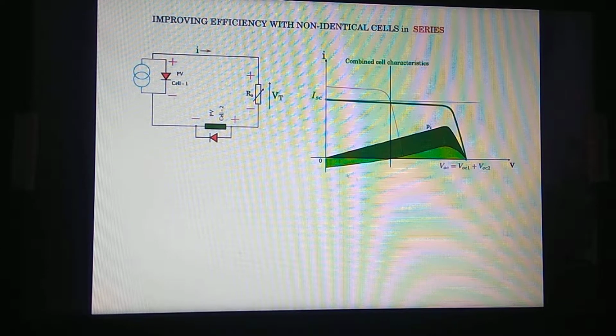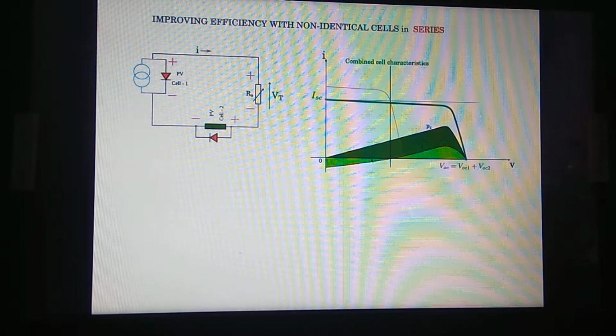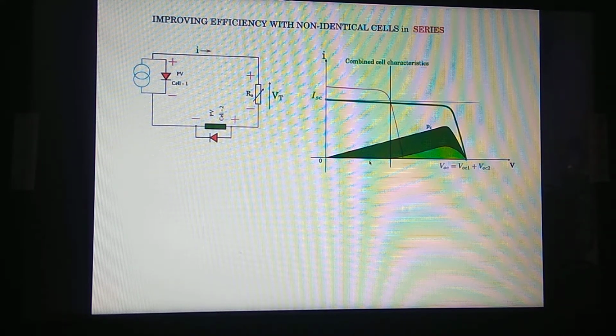Now, let us look at this characteristic. What happens when we put this diode? There will not be this negative power. So that portion will vanish, which means all the powers are positive.